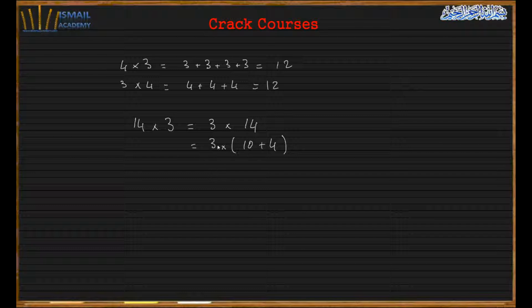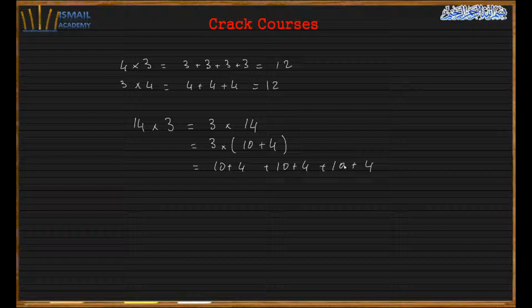Well, look what happened here. We have 3 times that sum. When we have 3 times that sum, we add that sum 3 times. So here it's going to be 10 plus 4 plus 10 plus 4 plus 10 plus 4. Now we can check how many tens I have.